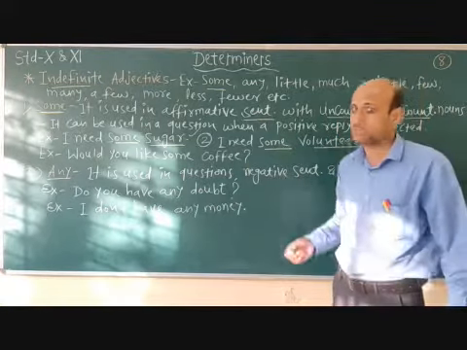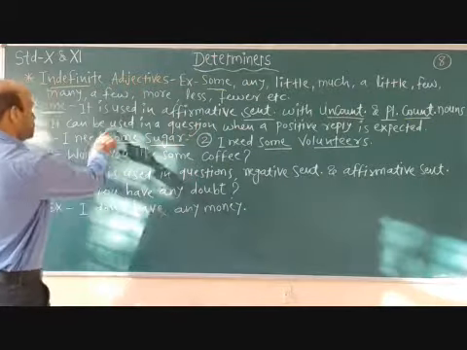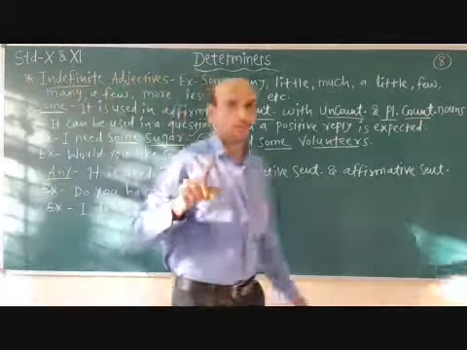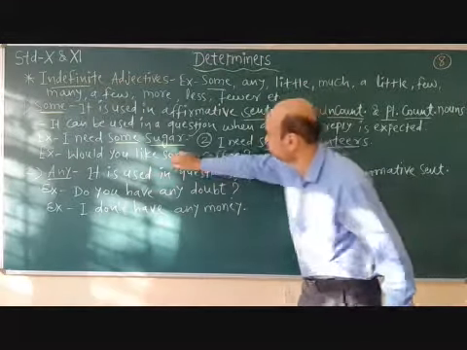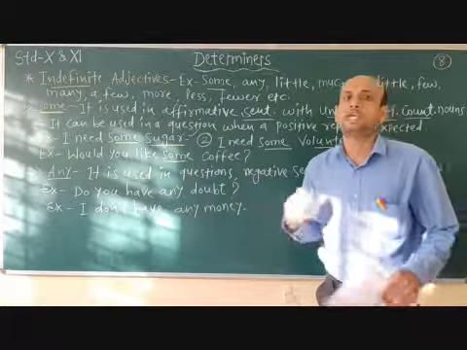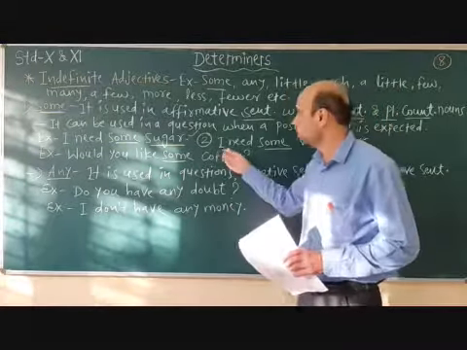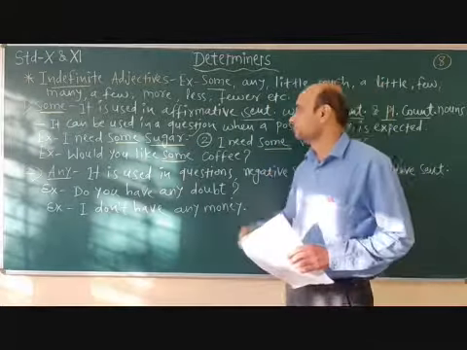Volunteers, plural, more than one. One more. It can be used in a question when a positive reply is expected. Look at this question. Would you like some coffee? Some is used. Here definitely we can expect the reply in a positive way.